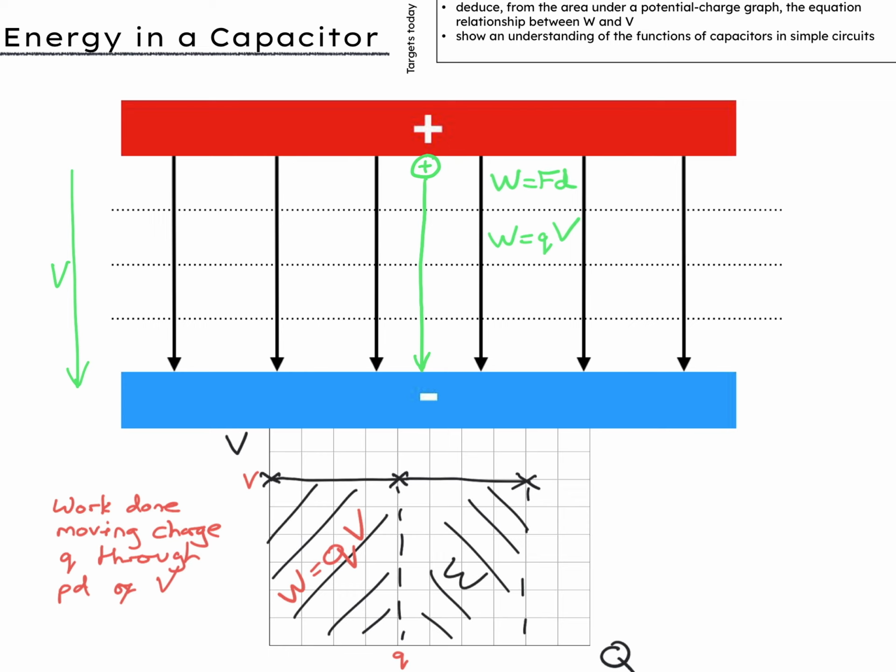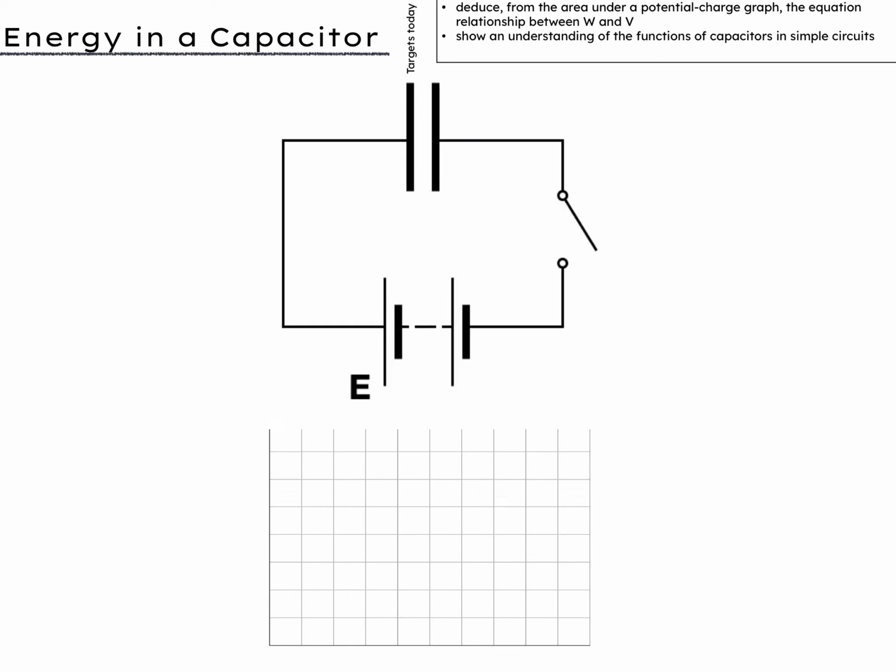Now, instead of a battery, let's think about a capacitor in a circuit. The big difference here is that at the start, the potential difference across the capacitor is zero. Charge is also zero. If we increase the PD across the capacitor, PD increases and charge increases.